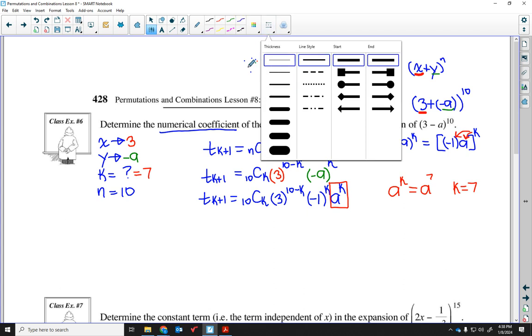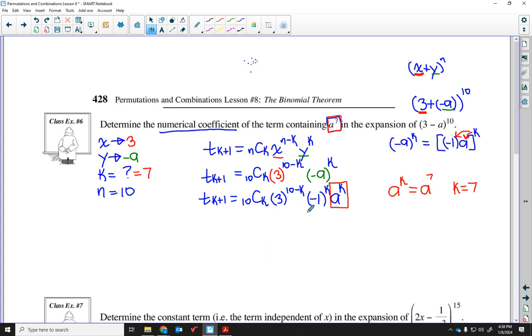So we can go back here, and now k is equal to 7. This enables me to simplify this equation because now I know what everything is. We can write down t sub 7 plus 1 is equal to 10 choose 7, and then 3 to the power of 10 minus 7, negative 1 to the power of 7, and then a all to the power of 7.